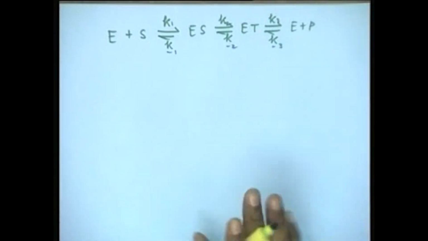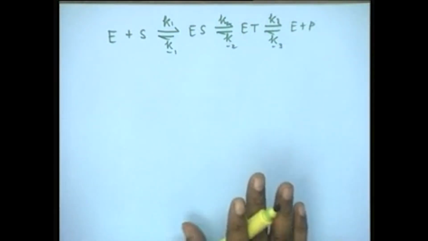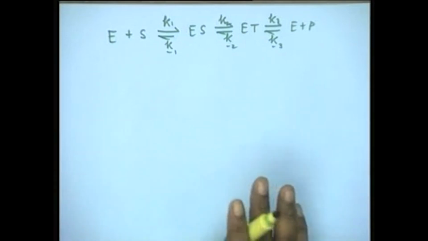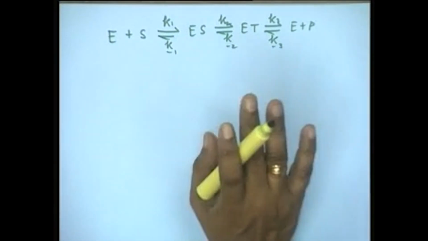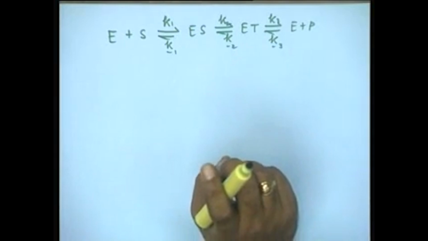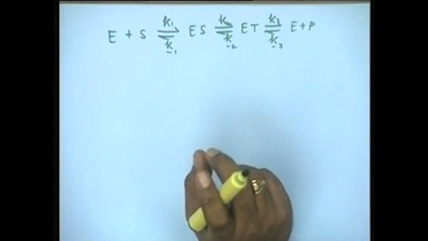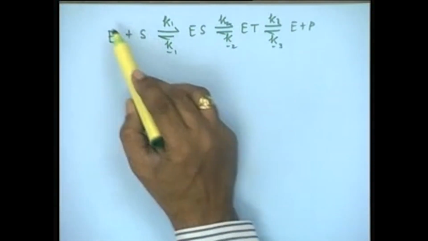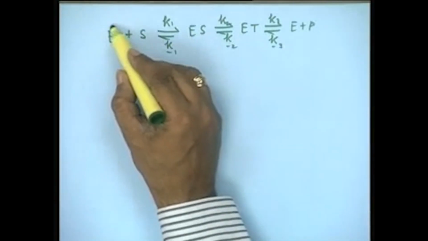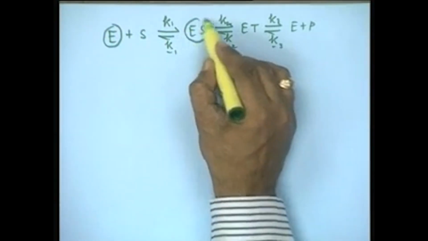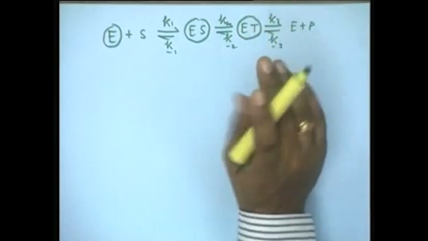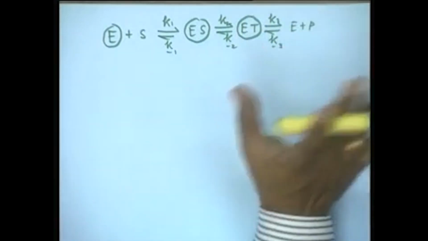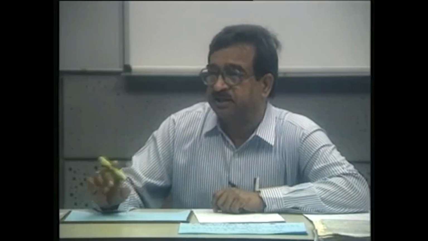Now, as I mentioned, the first step in any reaction mechanism would be to express the mechanism in a cyclic form, so that you can have each of the enzyme species that are present. Here, as you see, there are 3 enzyme species, E, ES and ET. They must form the vertices of the polygon that represents the reaction mechanism.